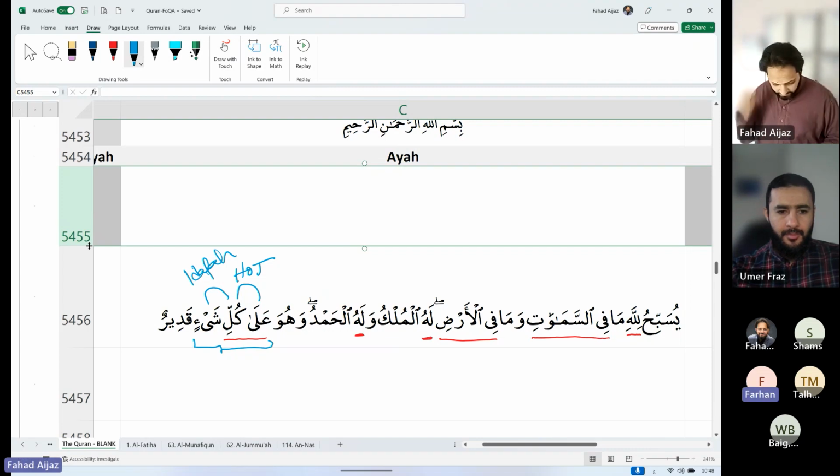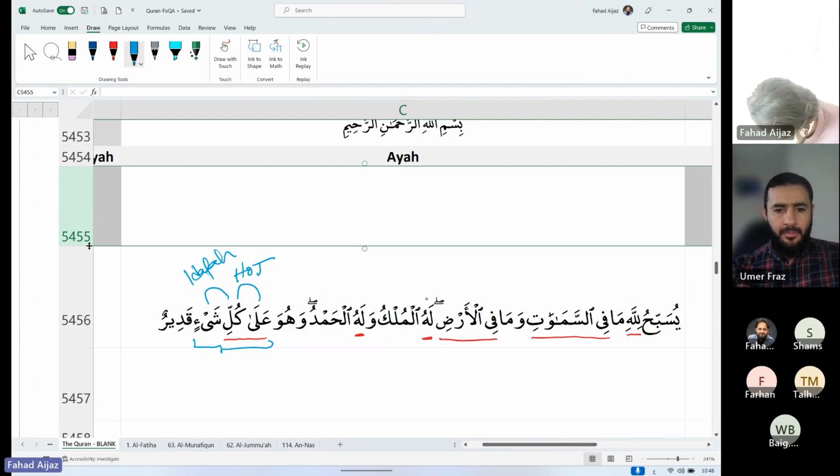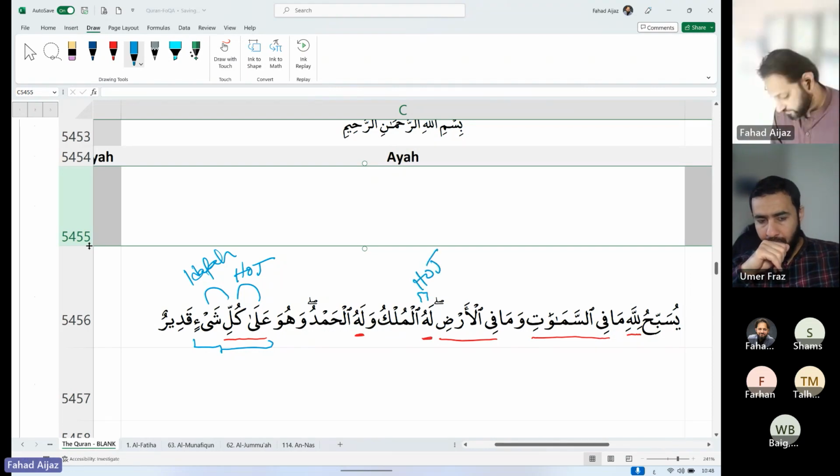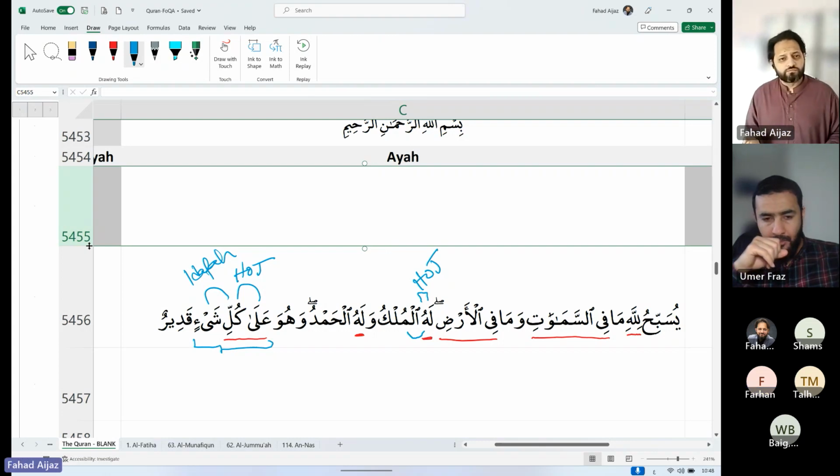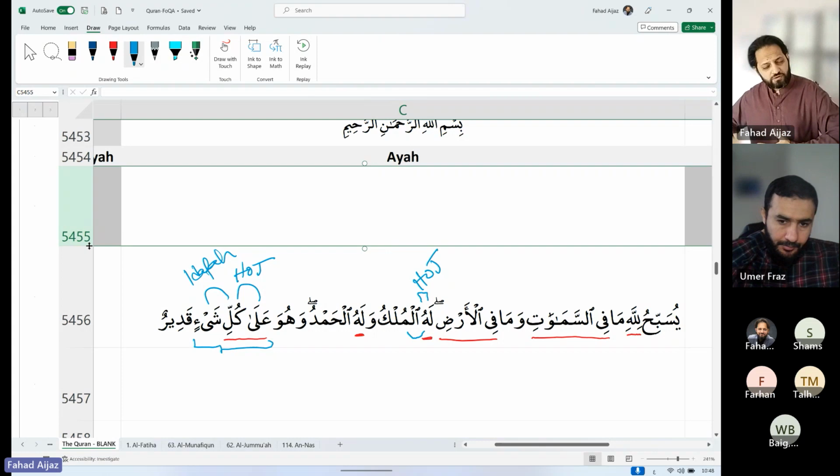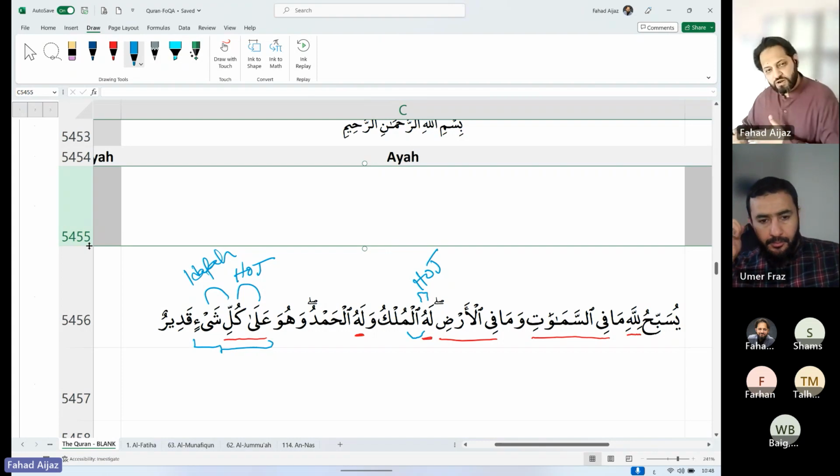That's a single bucket. The connection can exist, but when you come to lahul mulku, lahu is a harf of jar, I completely see that, jar majroor. But can you identify any relationship between hu and al mulku? Attached pronoun, can an attached pronoun come before an ism?